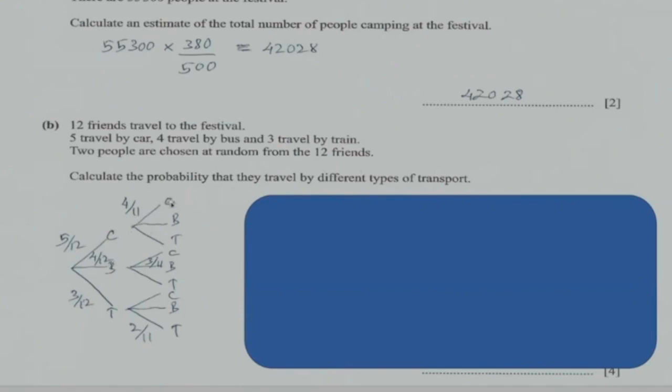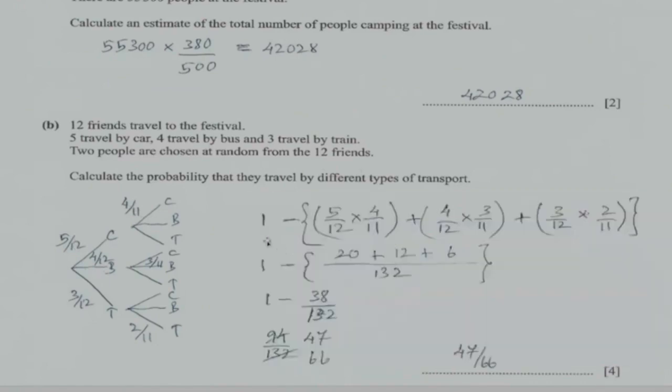So what we have to do: the total probability is 1, so from 1 we have to subtract these 3. 1 minus 5 over 12 times 4 over 11 plus 4 over 12 times 3 over 11 plus 3 over 12 times 2 over 11.